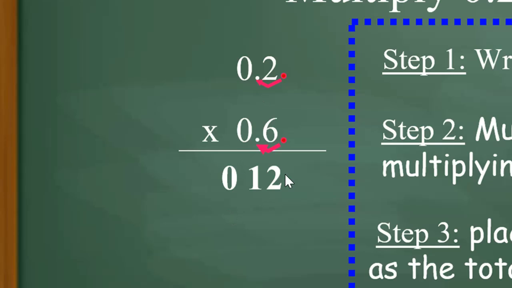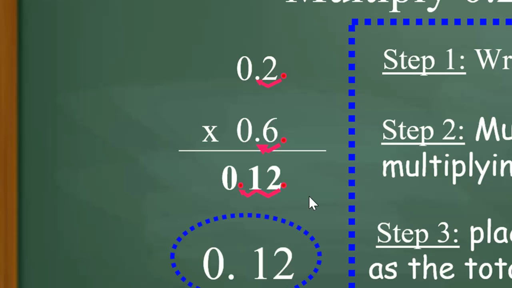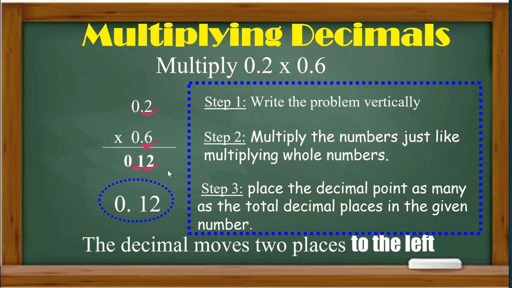Now, let us count the number of decimal places. 1, 2. So, there are a total of 2 decimal places. So, we will move the decimal point 2 places to the left. 1, 2. So, our answer will be 12 tenths. Or rather, 12 hundredths.